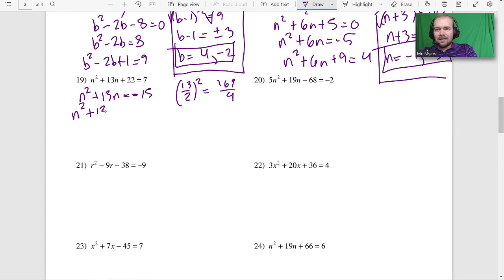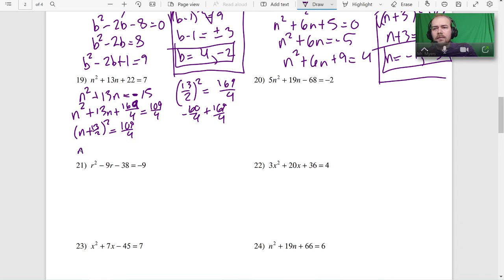Gross. And if we're going to add that to negative 15, we have to change 15 as well. 15 over 1 would be 60 over 4, and it's a negative. So that put together would be 109 over 4. Then we do n plus 13 over 2 squared.